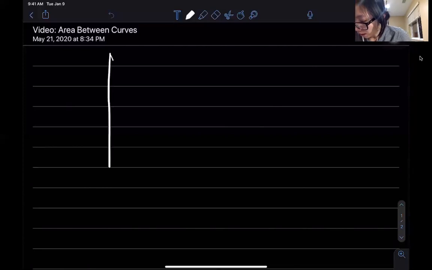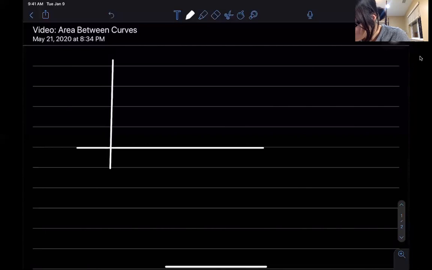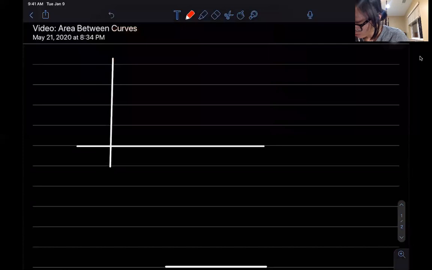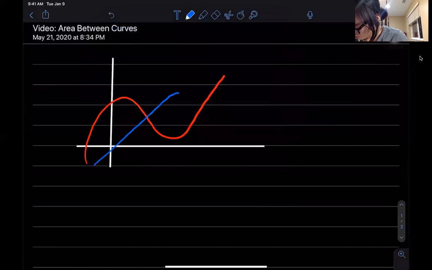So given a graph of two functions, right? So I'll make one of them red and then another one blue, right? So let's say that I wanted to find the area between these two curves, right?